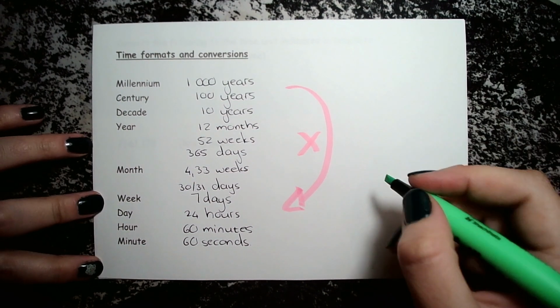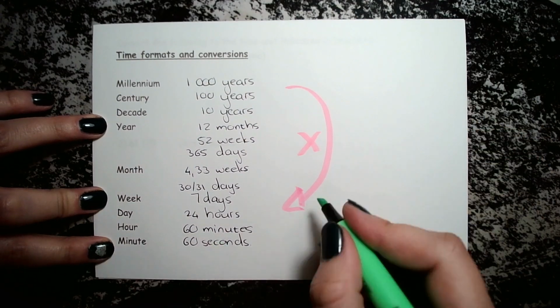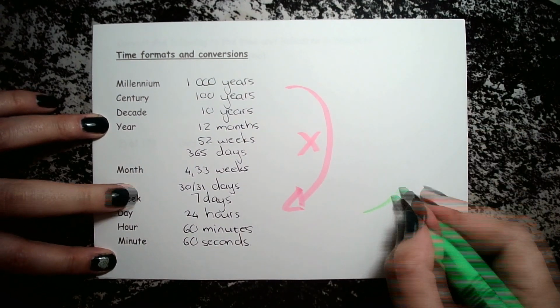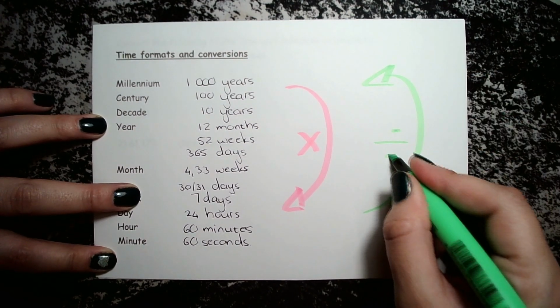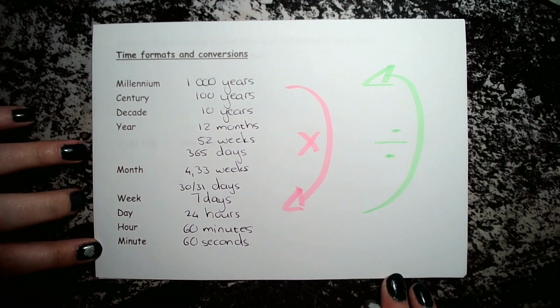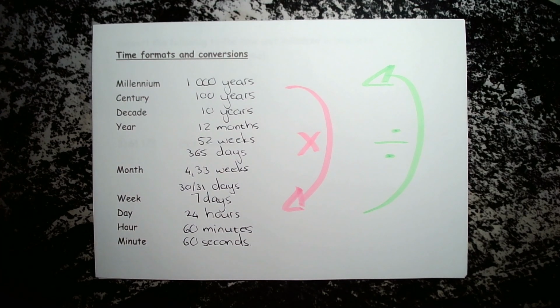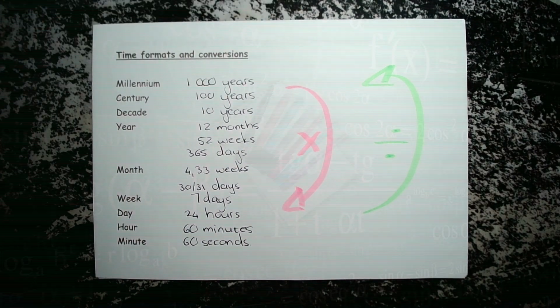Inversely, if we were to be working from minutes to centuries, for example, we would be using division. Because the unit that we are measuring in is getting bigger, but the amount of that unit would be smaller. It would still be the same stretch of time, but it would be a smaller amount of a larger unit.